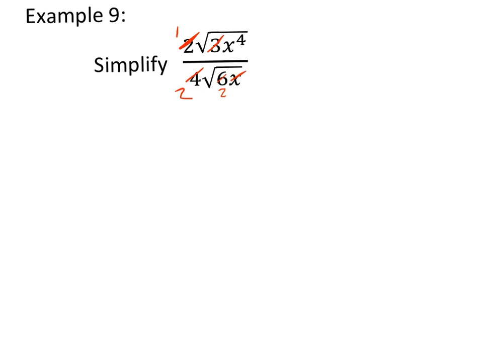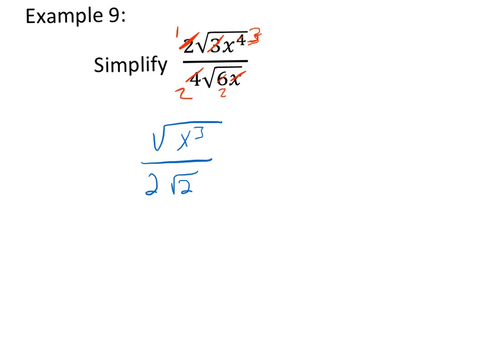I have an x here, and that becomes a 3. Okay, now I simplified the numbers in the roots, and I simplified the numbers outside the roots, which gives us, inside the top root, I'm left with x cubed. In the bottom, I have 2 root 2.